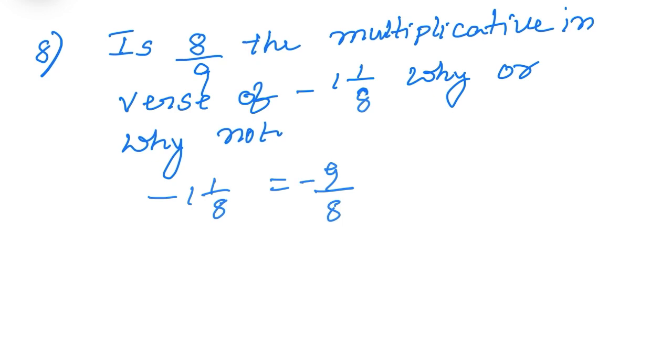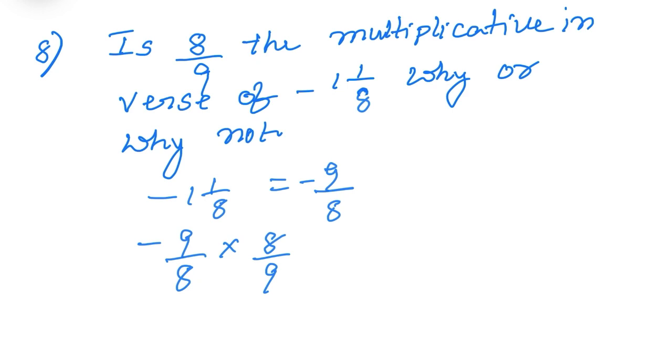Now, if 8 by 9 is the multiplicative inverse of minus 9 by 8, the product should be equal to 1. Let us check that one. Minus 9 by 8 into 8 by 9. We are checking with 8 by 9 whether it is multiplicative inverse or not.